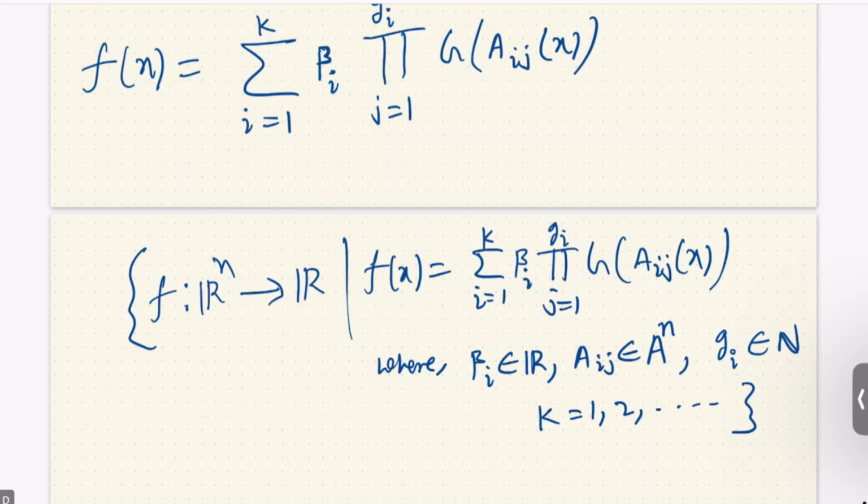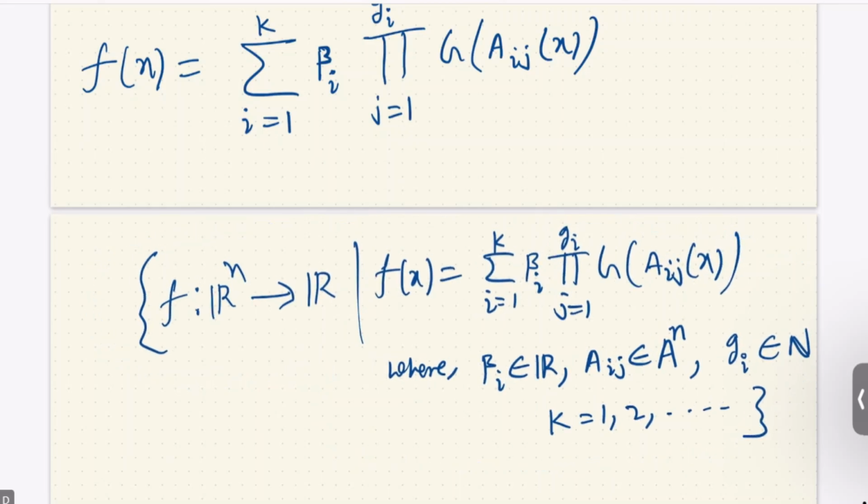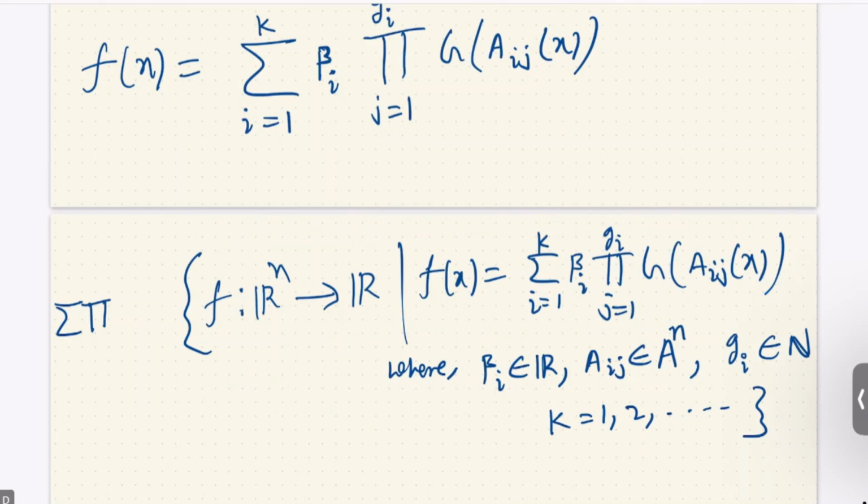So we can name it as a bigger class, that is sigma pi nets. This is actually a much bigger class, sigma pi nets of g.